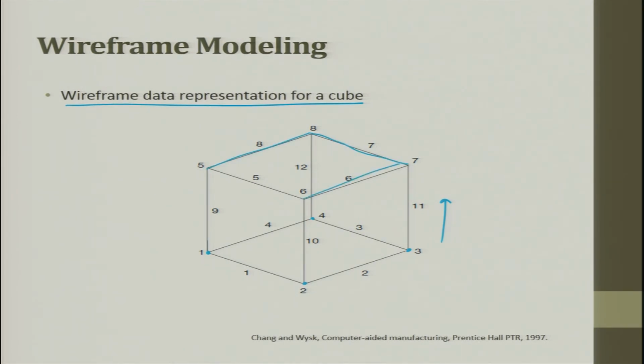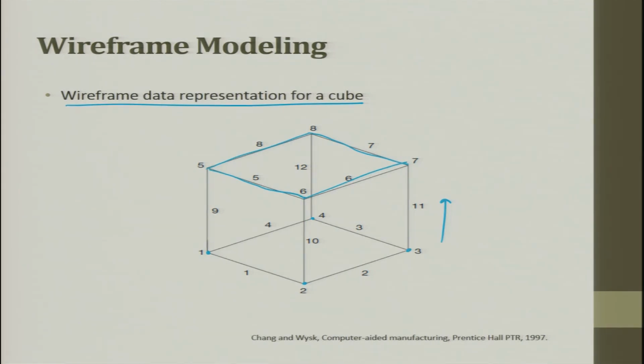You have drawn this. These are the edges, and now if you want to draw a line connecting them. So, 1 and 2 is connected by edge 1, 2 and 3 by 2, 3 and 4 by 3, 4 and 1 by 4, and in the same way 5 and 6 by 5. You are drawing a line. So, when you look from the 3D perspective, it becomes an edge. 6 and 7 it is 6, 7 and 8 it is 7, 8 and 5 it is 8. Okay.